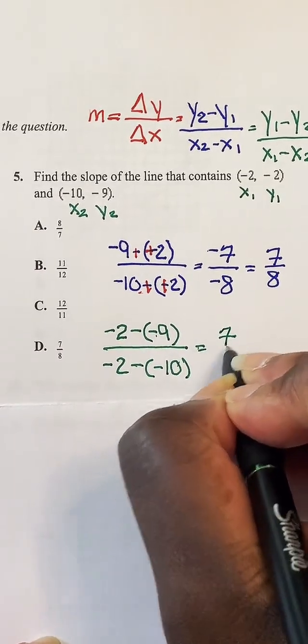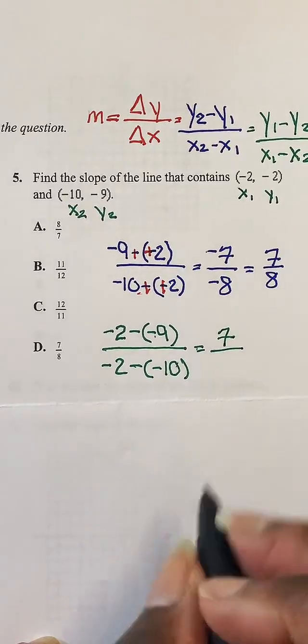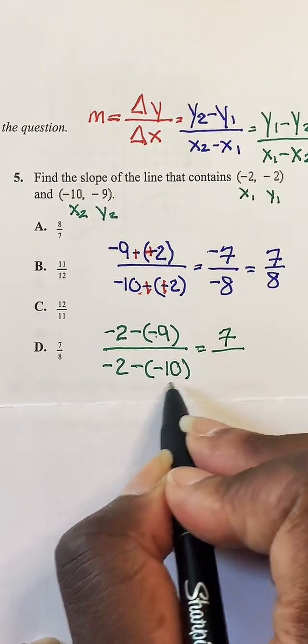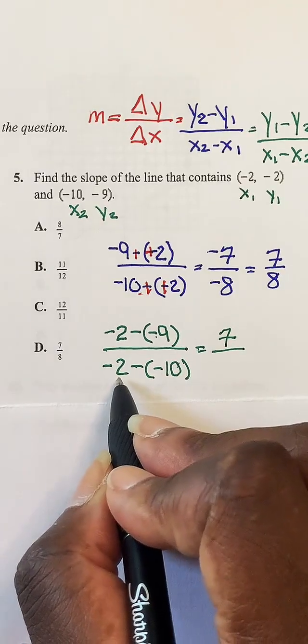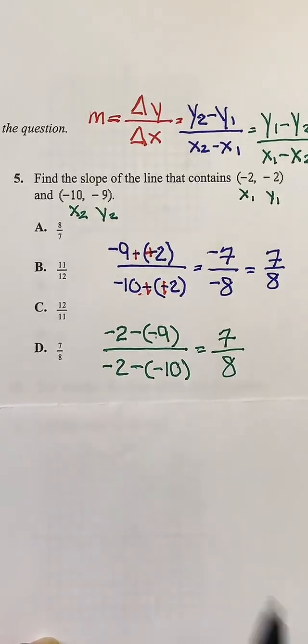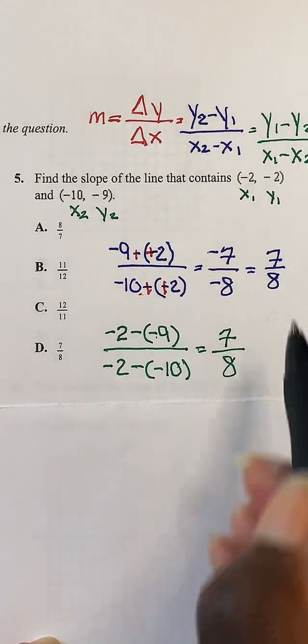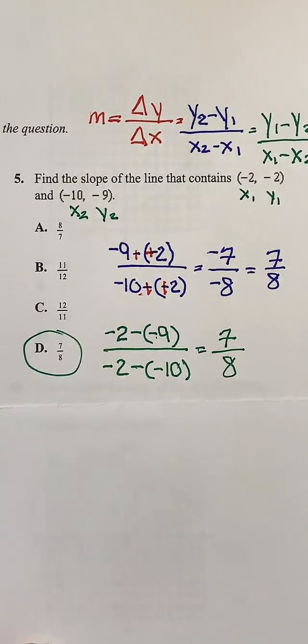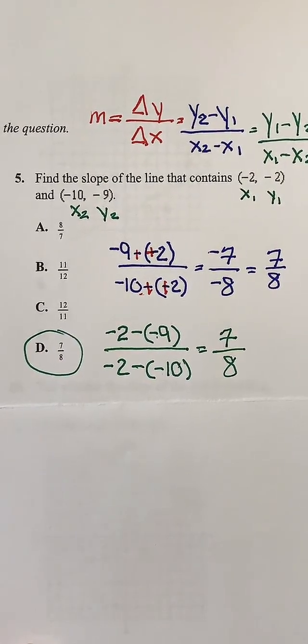So that will be a 7. If I minus a negative 10, that makes it a positive 10. So you owed me $2, you gave me $10. Hey, that means you gave me $8 extra. You get the same slope regardless of what you do. Okay, all right.